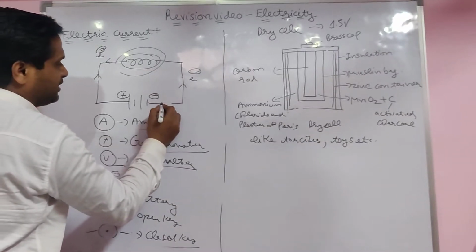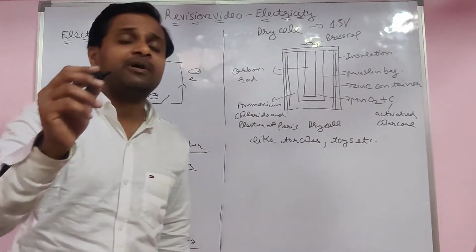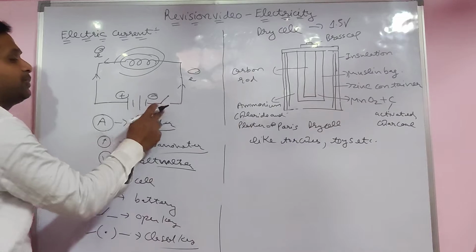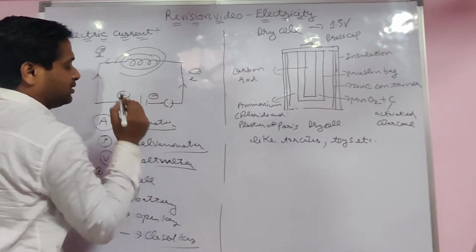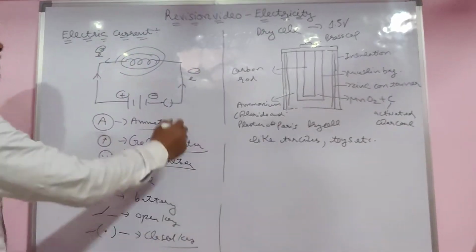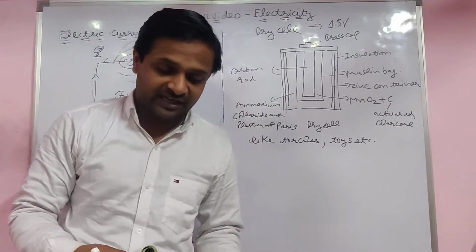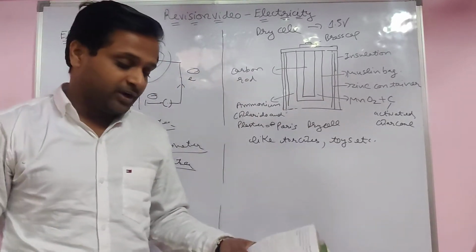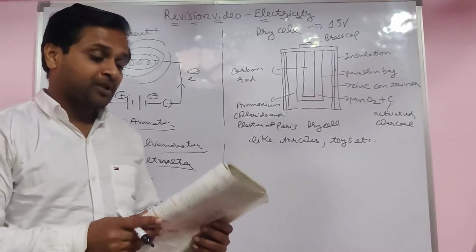Here the key is there. When the circuit is open, the bulb does not glow, because no current passes. But when the circuit is closed, the bulb starts glowing. This is the circuit diagram.